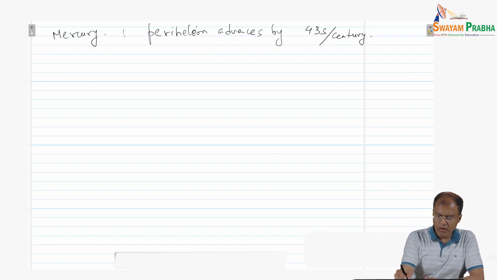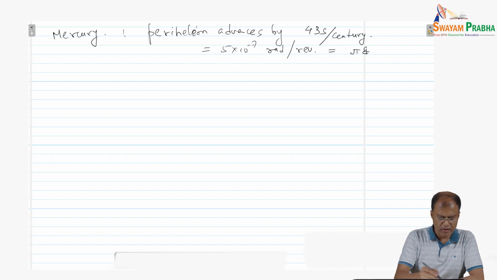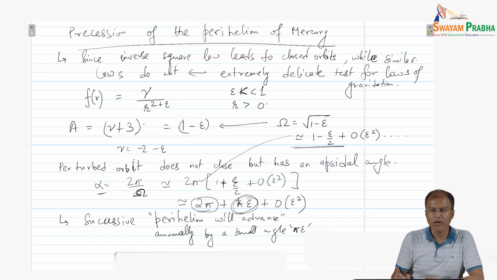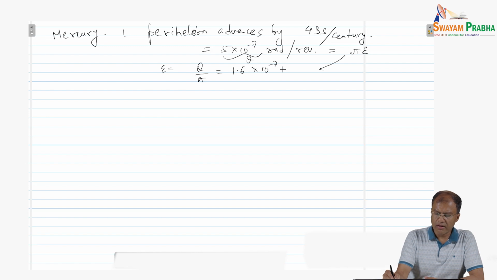In terms of radians, this is equivalent to 5 into 10 to the power minus 7 radians per revolution, okay? And so this is my pi epsilon, the advance that I was talking about. From here I can find epsilon. Let me call this theta. So this is theta over pi, which comes out to be approximately 1.6 into 10 to the power minus 7 radians per revolution.